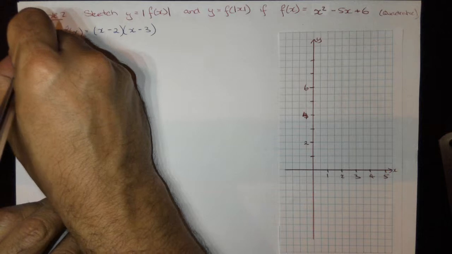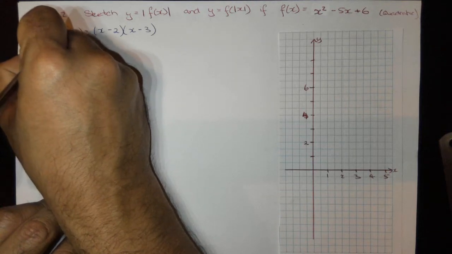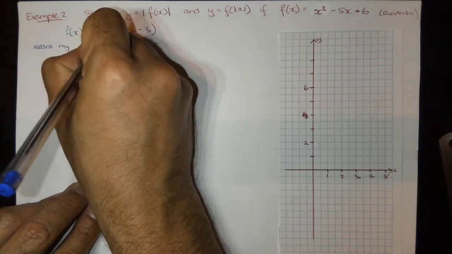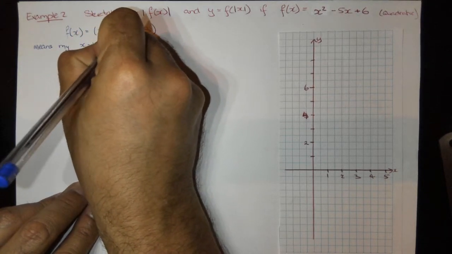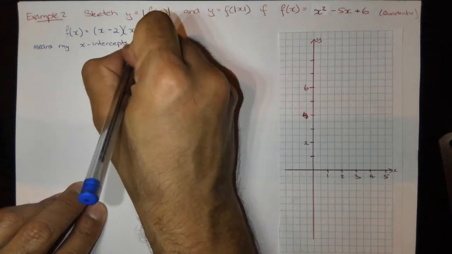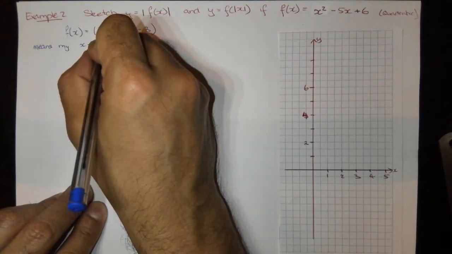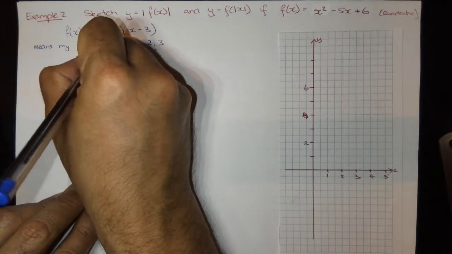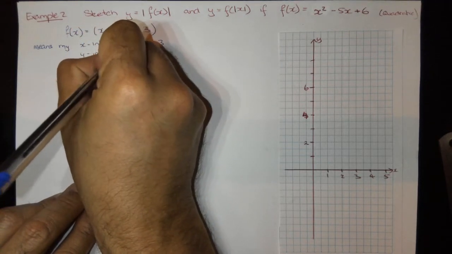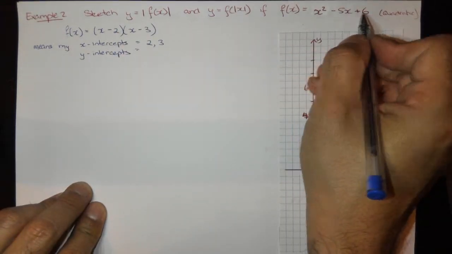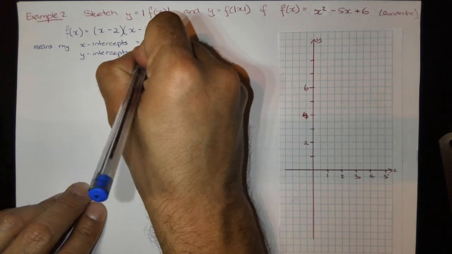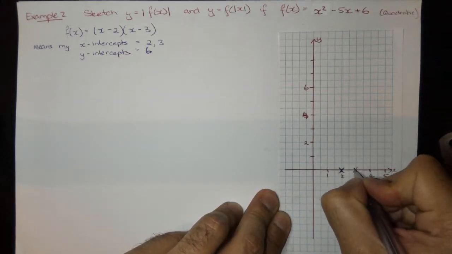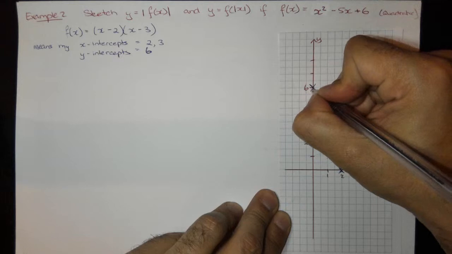So that means my x-intercepts have to be 2 and 3, and my y-intercept, when x equals 0, is 6. Okay, so I have 2 and 3 and 6.